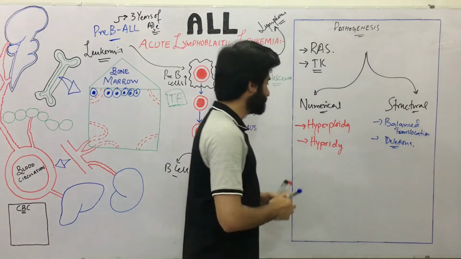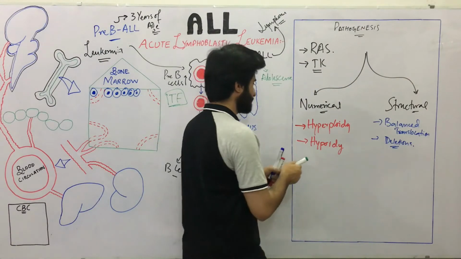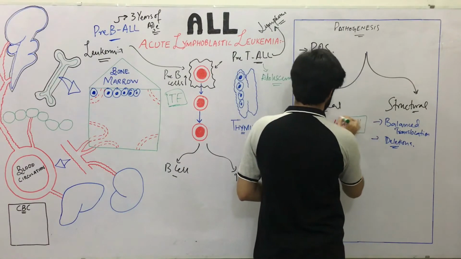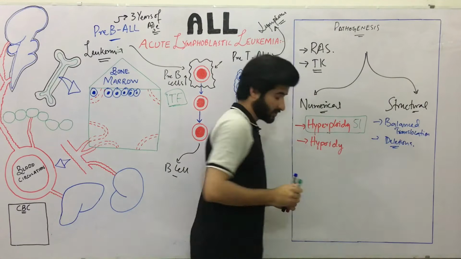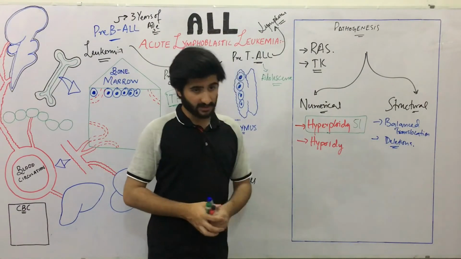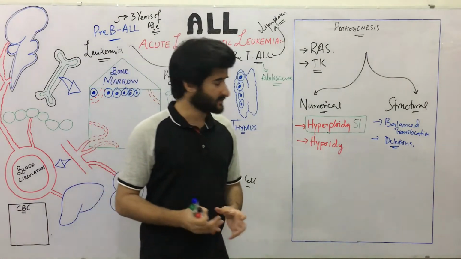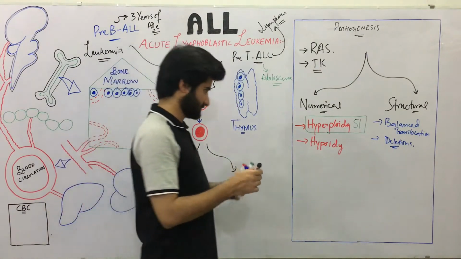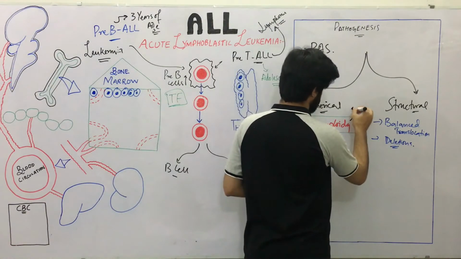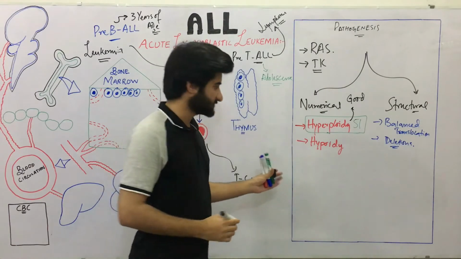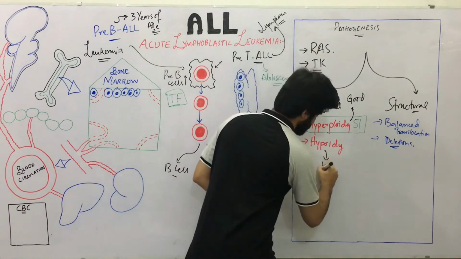Hyperploidy 51 is a very common mutation, whereas hypoploidy is also there. We know that hyperploidy is associated with a good prognosis, whereas hypoploidy is associated with a bad prognosis.